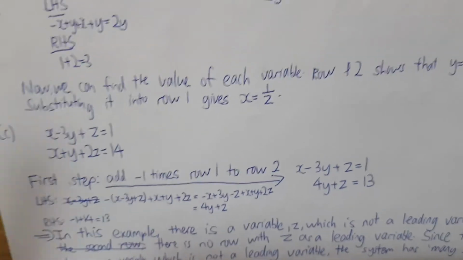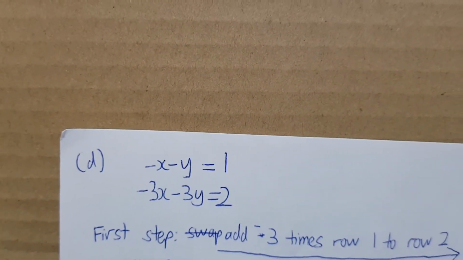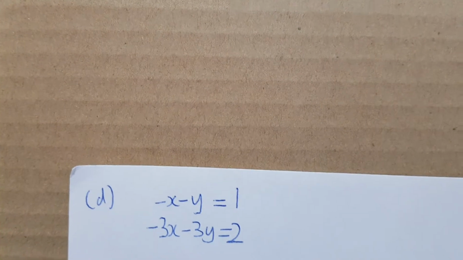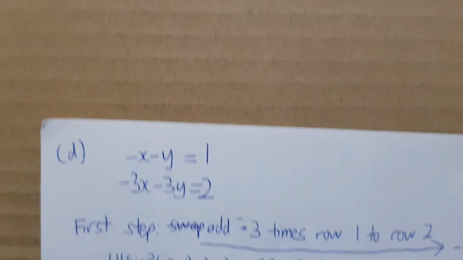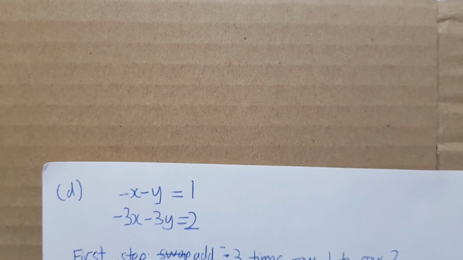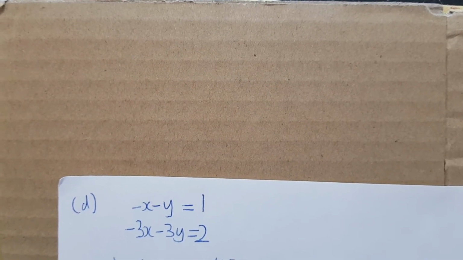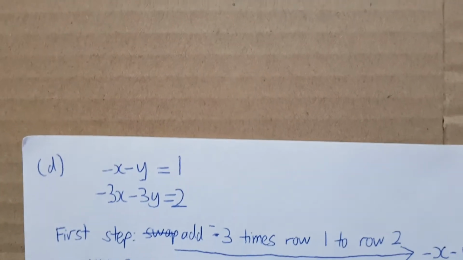So let's take a look at another example, which is d. For d, we are given this equation. Usually we have already solved systems of two linear equations which have a unique solution. So now let's take a look at this.